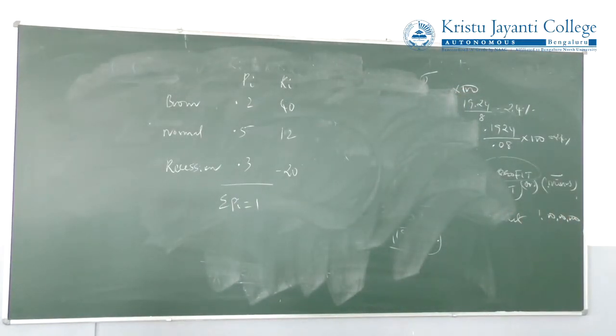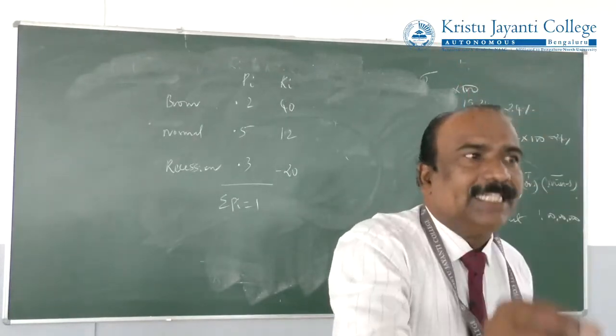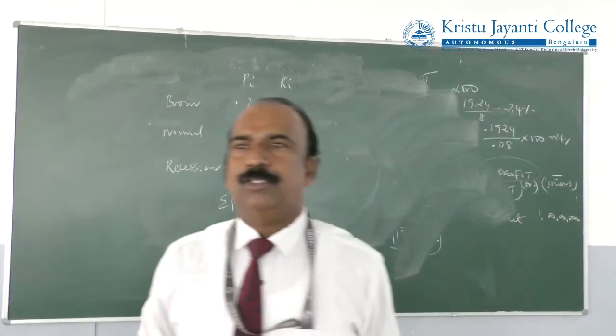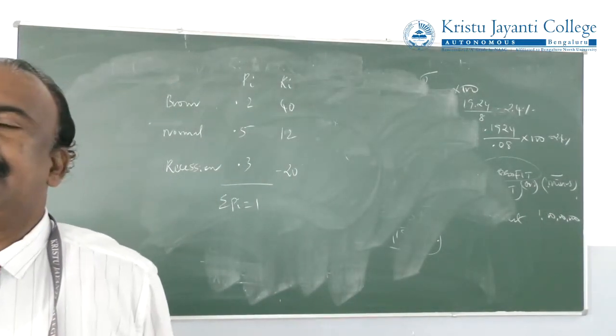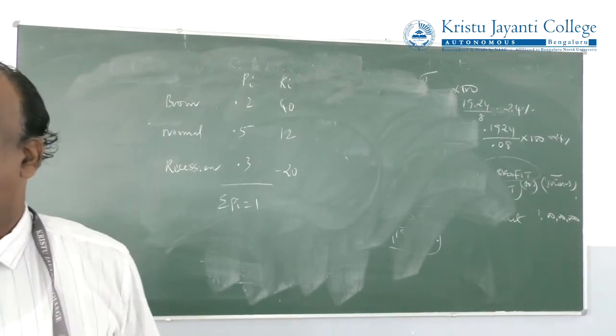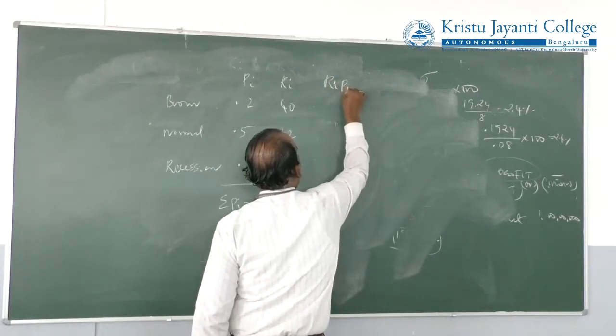Please listen. For the actual return, what did we do? We added the total return and divided by N to get sigma Ri. Since here we have probability, multiply the probability with the return, so Ri into Pi.